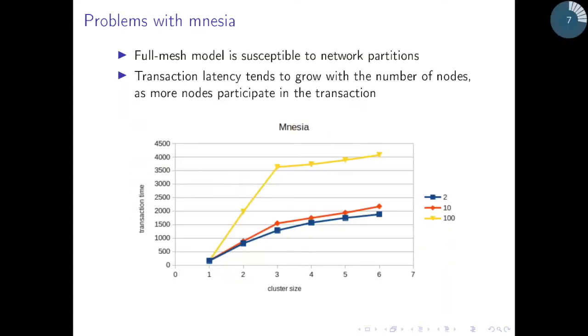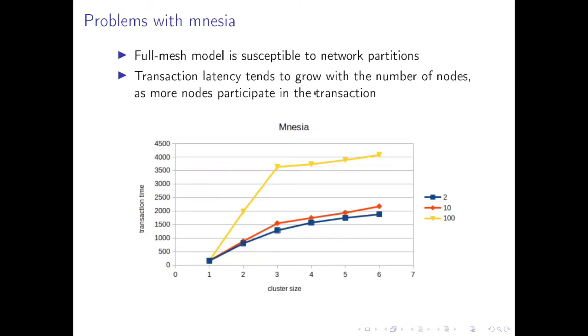So where lies the problem with Mnesia? This full mesh model is very susceptible to network partition. Basically, it needs to have N squared links between nodes operational.